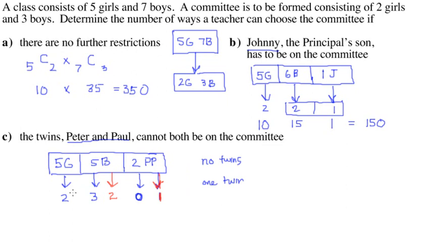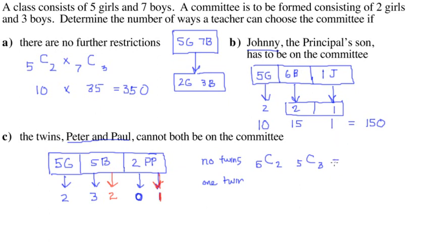If there are no twins, then there are 5 girls, get 2 of them. There are 5 regular boys, take 3 of them. And if you wanted, you could say there are 2 twins, don't take either of them. This comes out to 1, so it's kind of pointless to put it in.